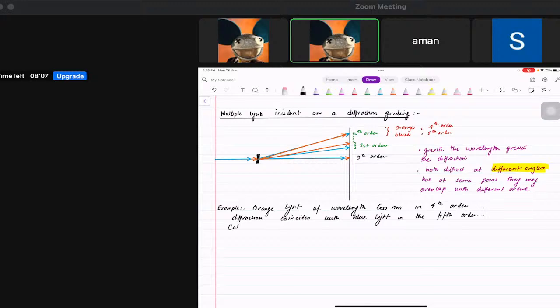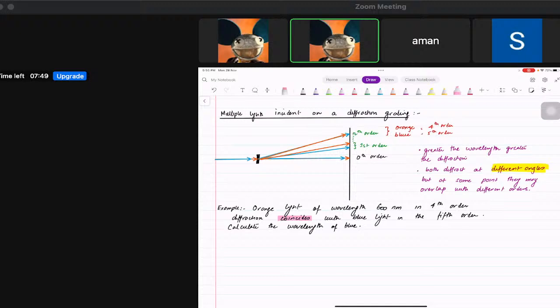Calculate the wavelength of blue. In this one the keyword is coincides.